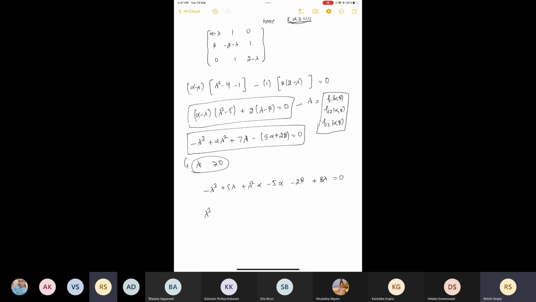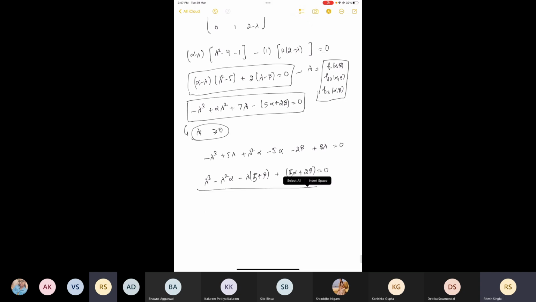So if I make it correct, it is lambda cube minus lambda square alpha minus lambda (5 plus beta) plus 5 alpha plus 2 beta is equal to 0, right? So this is the equation, right? Is this equation correct or am I making any mistake here?